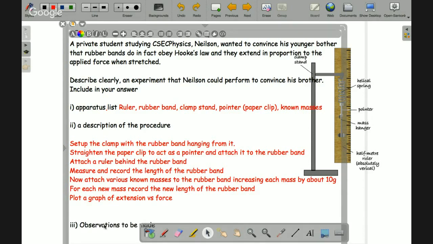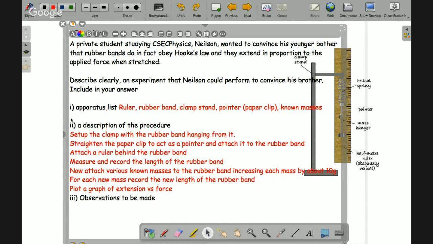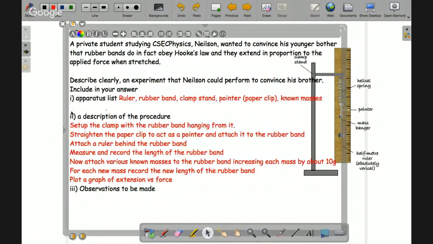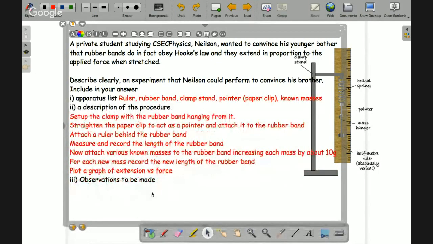What we want now is the observations to be made. What results, that really is asking us, what results are we going to be collecting? What values are we interested in that will help us to solve this issue here?